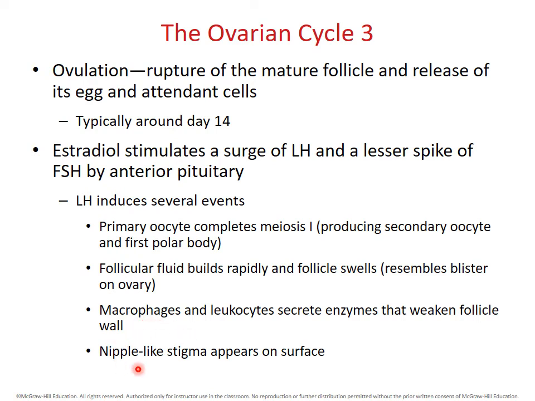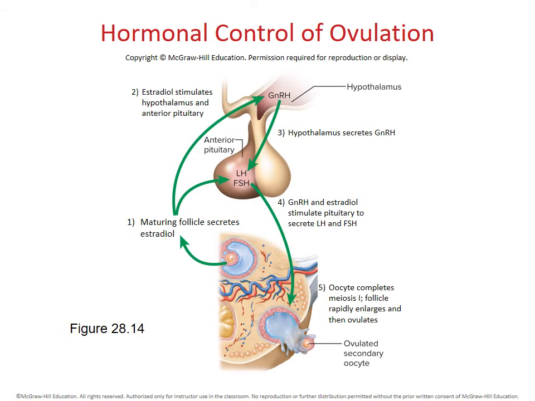And just before ovulation, you see a little protrusion of the antrum and its fluid through a little opening on the surface. This is referred to as the stigma. It looks like a little nipple protruding from the vesicular follicle just before ovulation. So in terms of the hormonal regulation, this is a first look at what's happening.